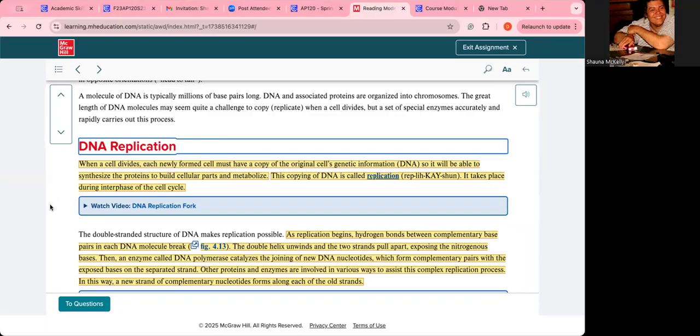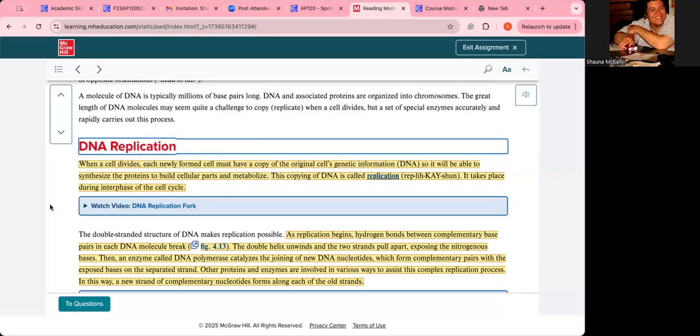The double helix unwinds and the two strands pull apart, exposing the nitrogenous bases.